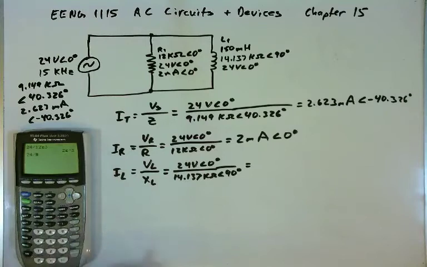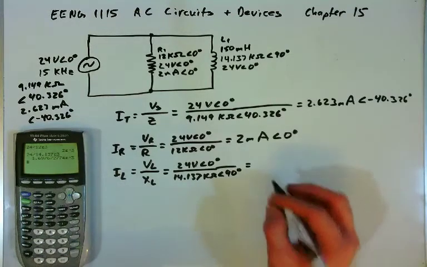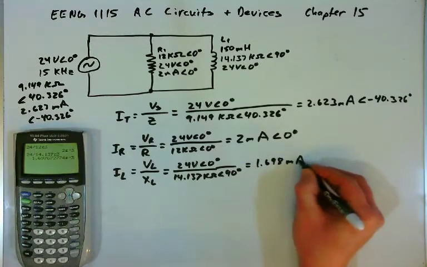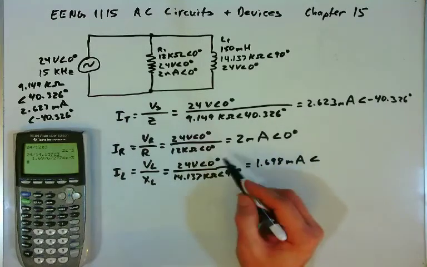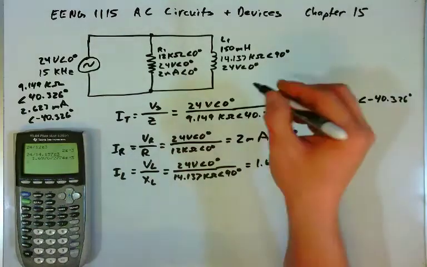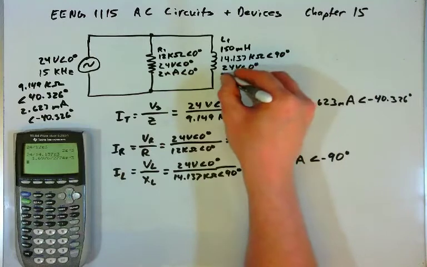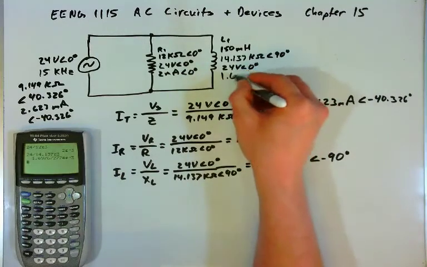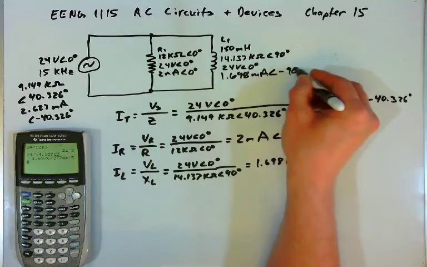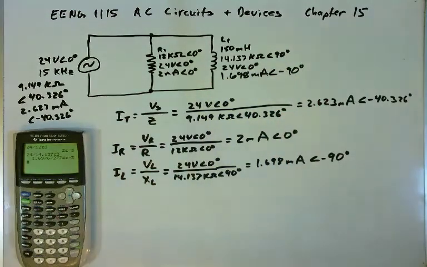And so we have 24 volts divided by 14.137 kilo, and we get 1.698 milliamps. And then the angles, we subtract them. 0 minus 90 is negative 90 degrees. And so the current through the inductor is 1.698 milliamps at negative 90 degrees.